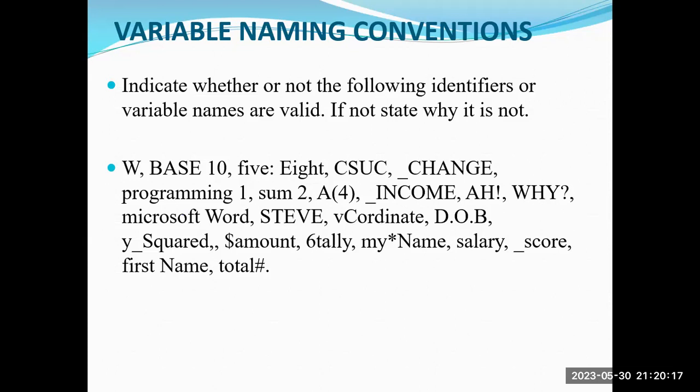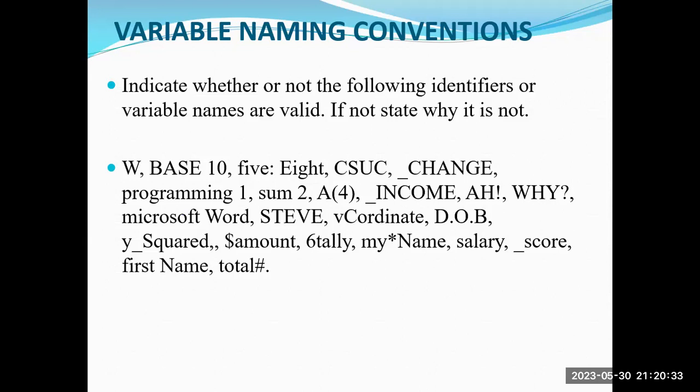Thank you. So now let's go through the ones we said are valid. We have change, we have income, underscore change, underscore income, CSUC. That's all that we said is valid.